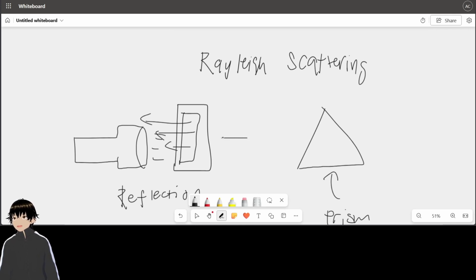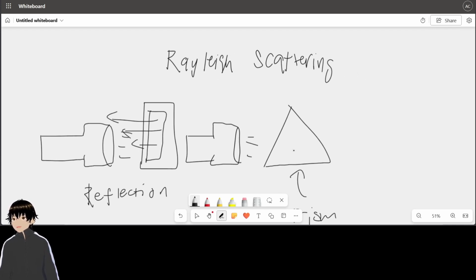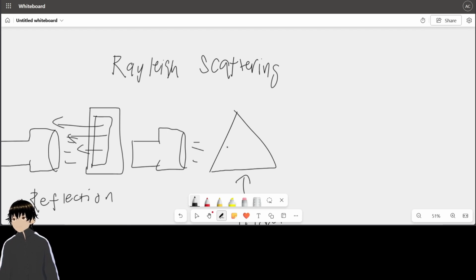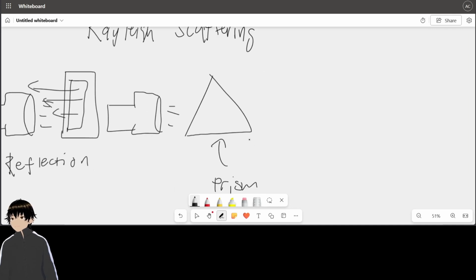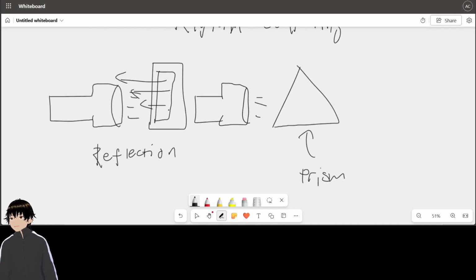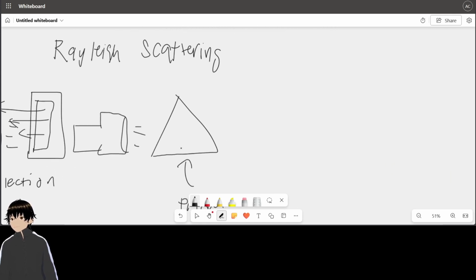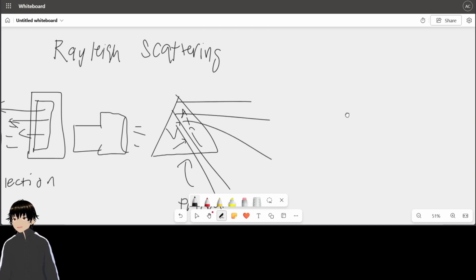When you flash a light onto a prism, those light waves do reflect, but the way they reflect in a prism is entirely different from the way they reflect in a mirror. The lights bounce in all different directions, and eventually that light scatters.